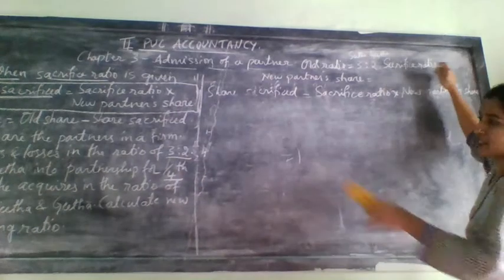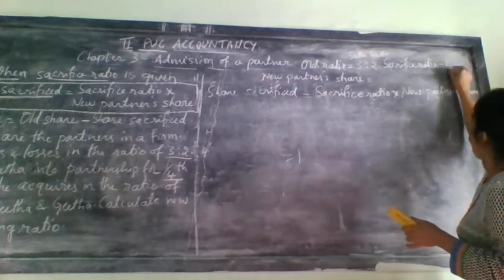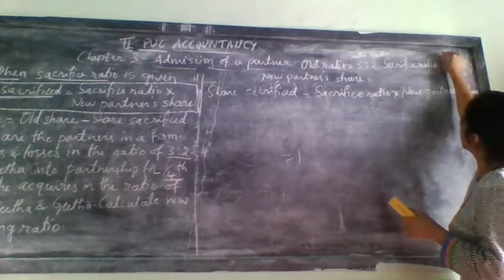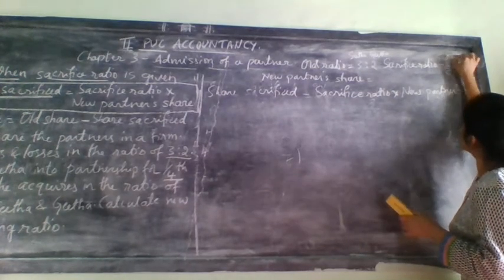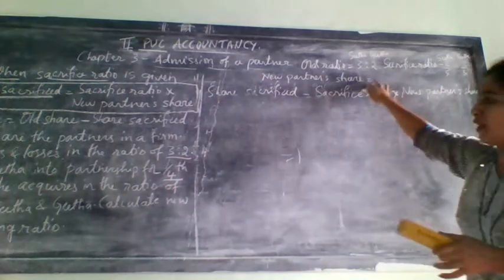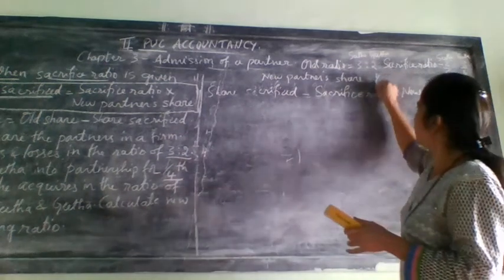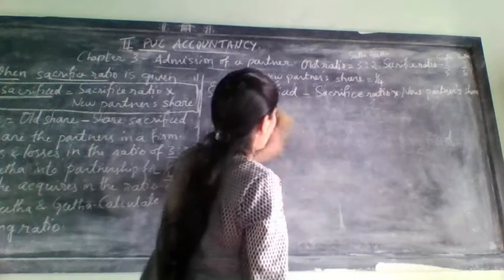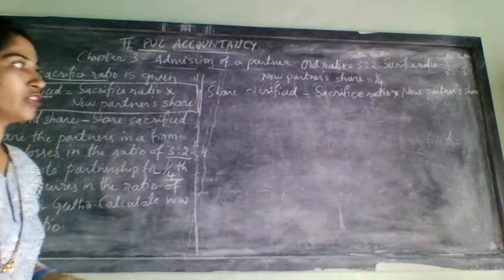So the sacrifice ratio they have given is 2/5 and 3/5. This is for Sita and this is for Geeta. New partner's share is 1/4. Now apply the formula. What is that formula? First thing we need to find out is share sacrificed.